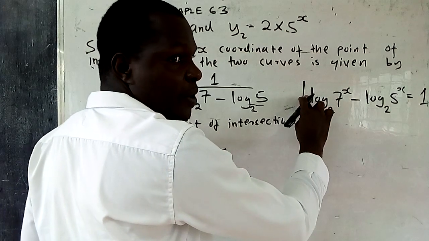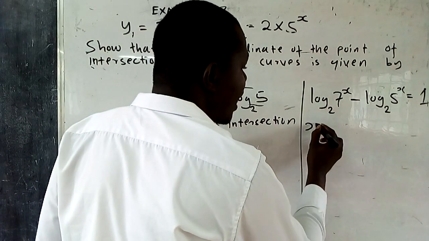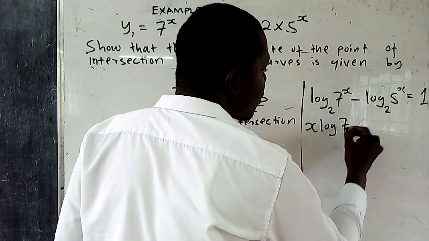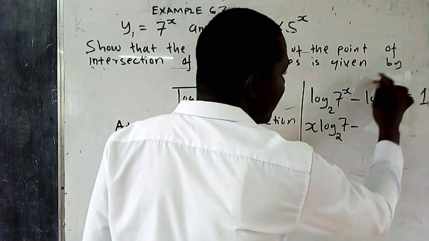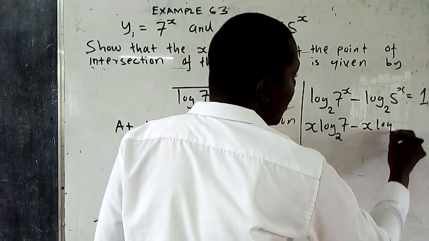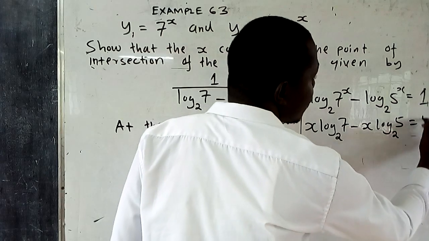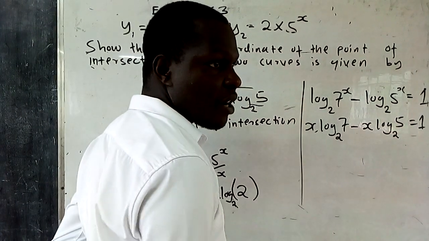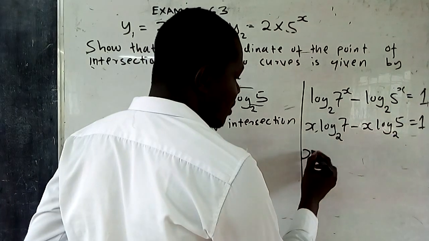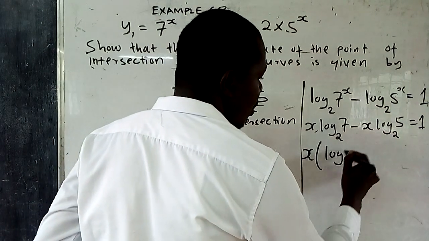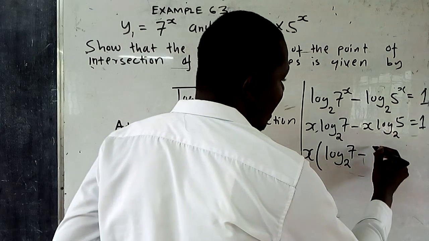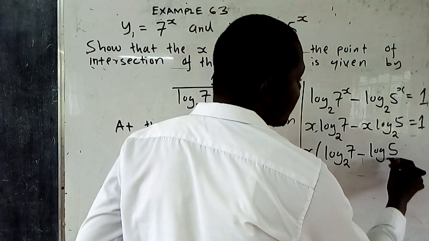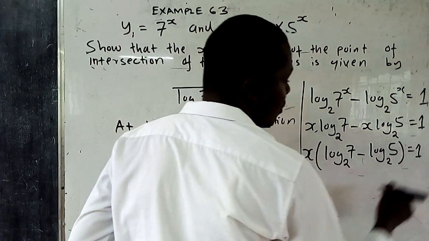So we have x log 7 to base 2 minus x log 5 to base 2 is equal to 1. So x is a common factor, we can factorize it out. If we factorize out x, we get x times log 7 to base 2 minus log 5 to base 2 is equal to 1.